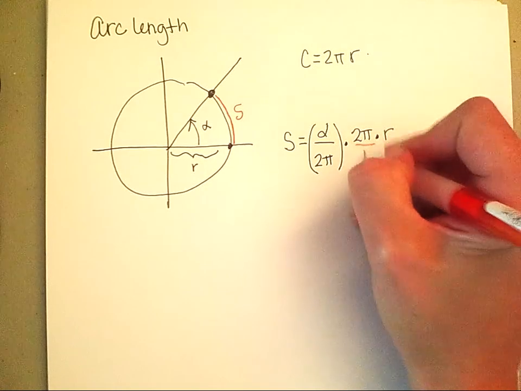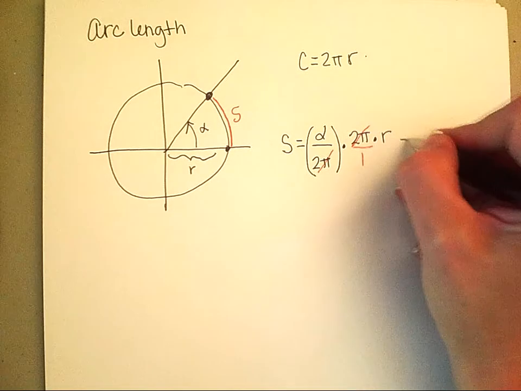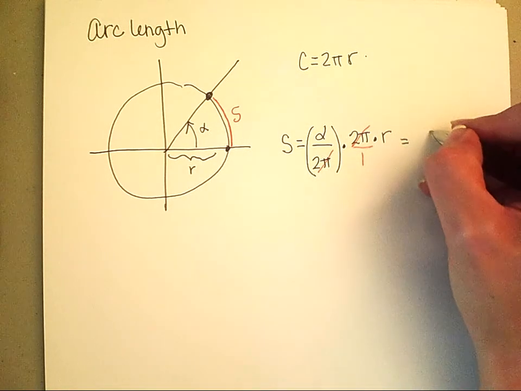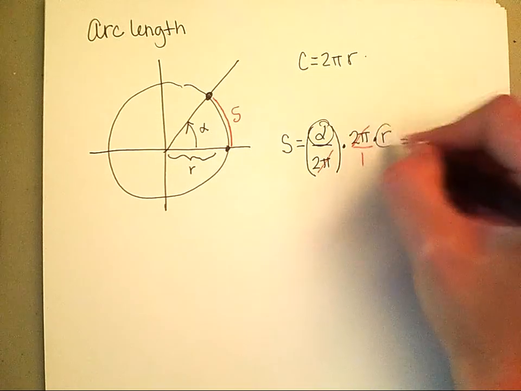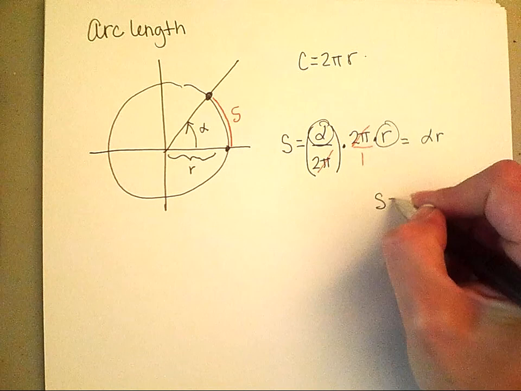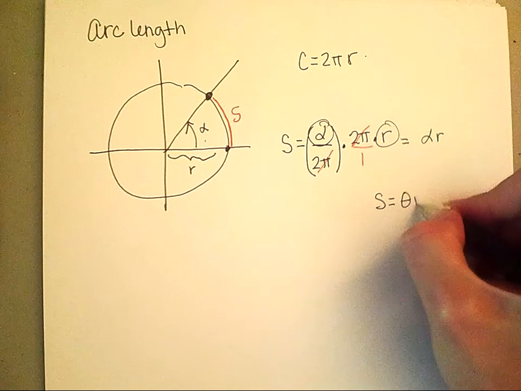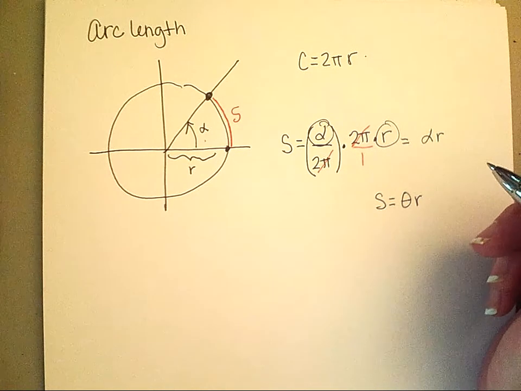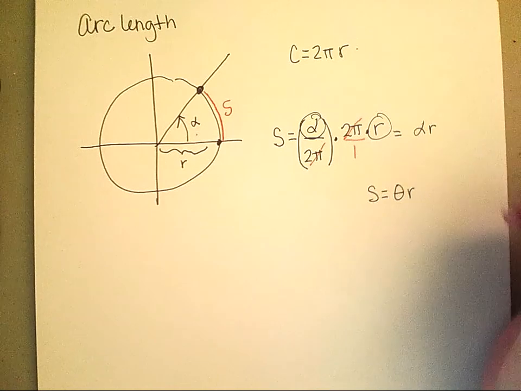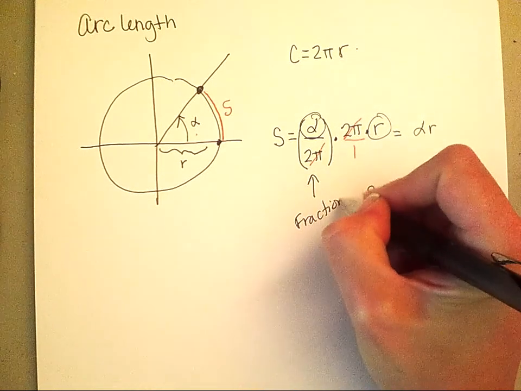When we do that, remember this is like 2 pi over 1, then what we're left with is simply s is equal to alpha times the radius. So you'll hear me say it oftentimes. I just used the letter alpha here. I could have used theta. So s is equal to r theta. This is the fraction of the circle.